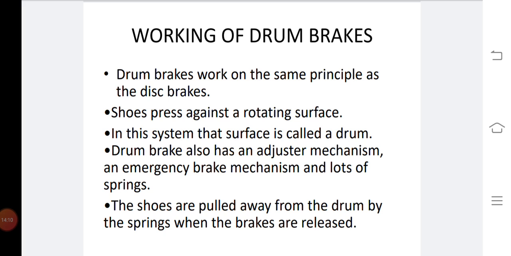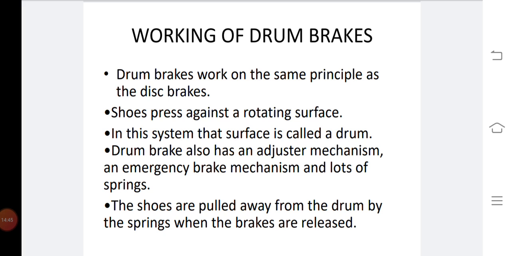Now, the leading trailing shoe brake offers some advantages over the two leading shoe braking system. What are the advantages of the leading trailing shoe? Even lining wear, because both shoes perform an equal amount of work, the brake runs cooler, needing relatively less adjustment, and has a long life.